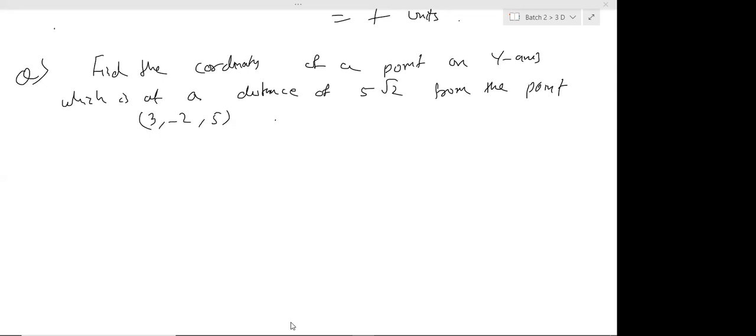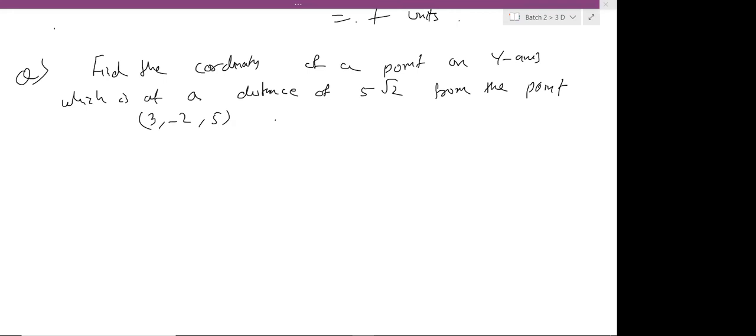And Peer, have you solved this? Let's see how to solve this.